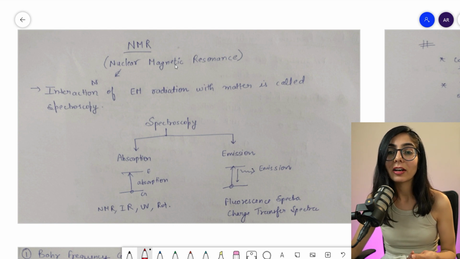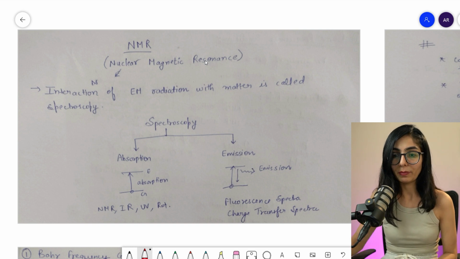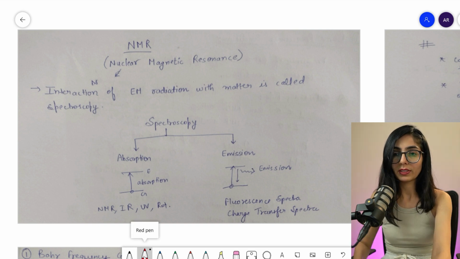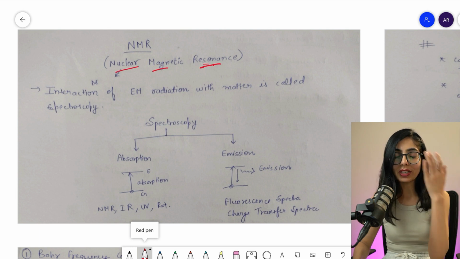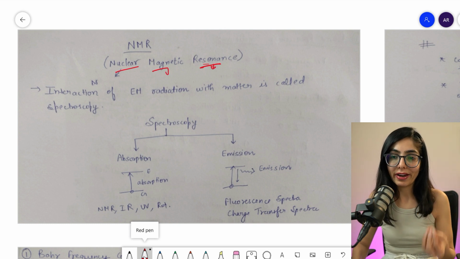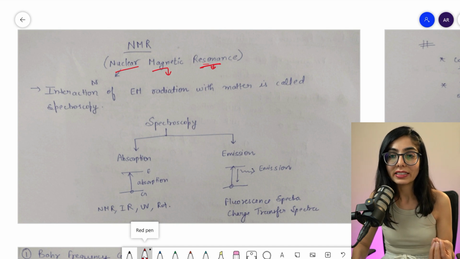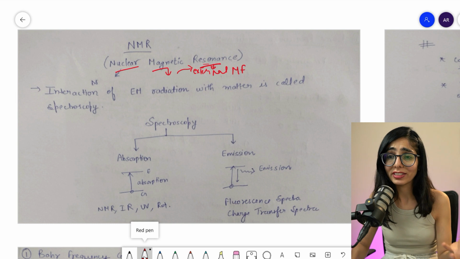And then the third term over here is resonance. You can see, I'll just take my pen over here. Yeah, so resonance. I have told the meaning of the previous terms, and now it's resonance. So resonance means when the small magnet, here in this case the proton, is kept in an external magnetic field, I'm so sorry for my bad handwriting.